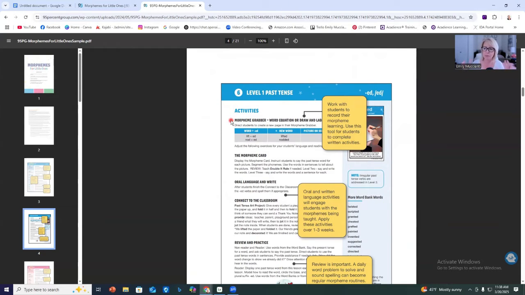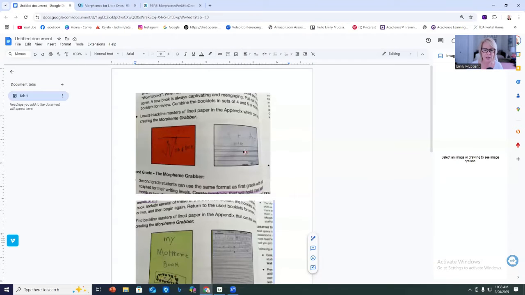Now, this is the book, the lexicon that the students will actually use to write their morphemes and the words that they are collecting. In Morpheme Magic, she called it a lexicon, and we use spiral notebooks. In the Morphemes for Littles, let me show you what that looks like.